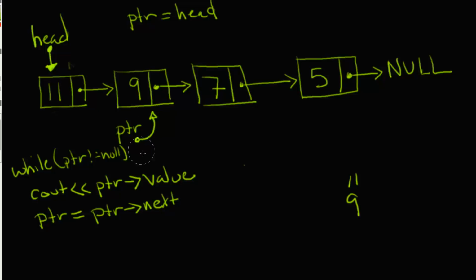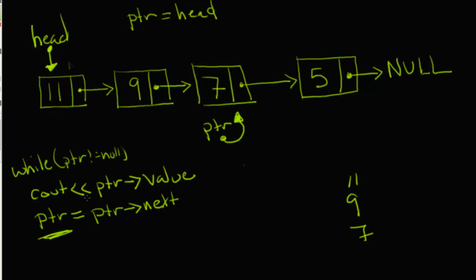So then ptr moves. So it's no longer pointing to this guy. Now ptr moves here. Now it's pointing to this node. This loop runs again, displays the 7.